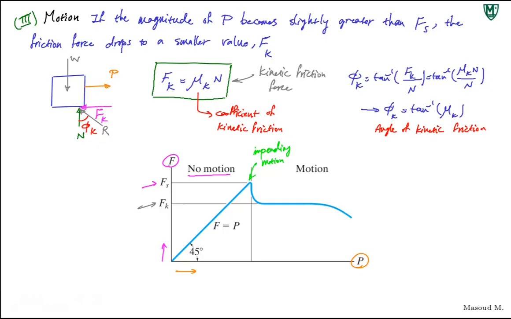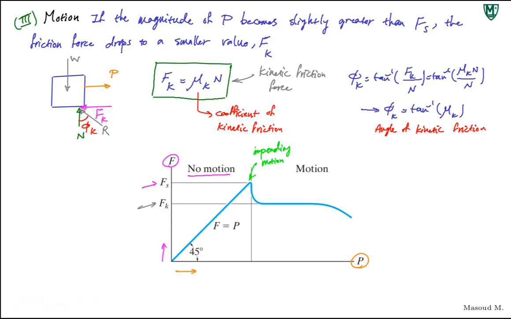When slipping is about to happen, you're going to get Fs, that's impending motion. When slipping happens, I give you the example of a tire because it's easier to imagine, then you have Fk. And you see Fk is smaller than Fs. So that's when you have slipping and the tire is rotating, but it's not the situation you want to be in when you're driving. So just keep that in mind.